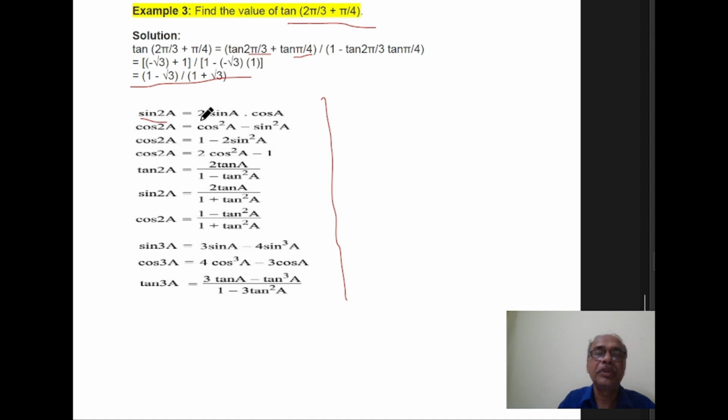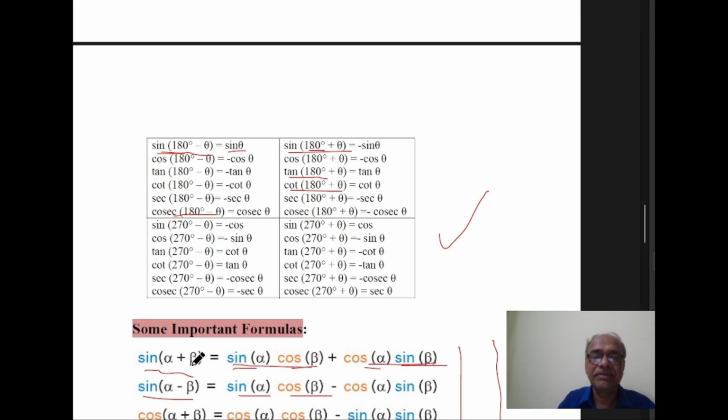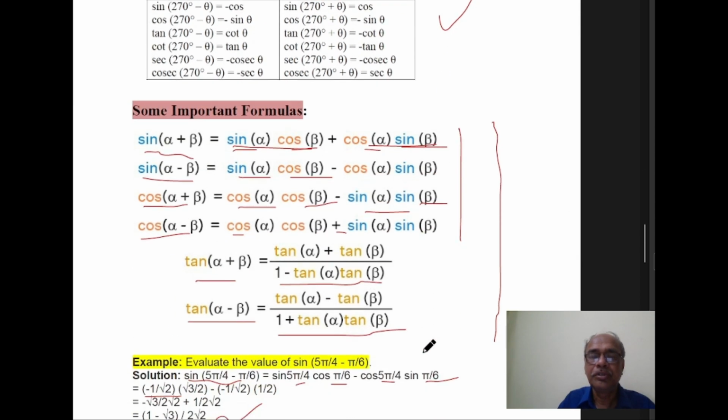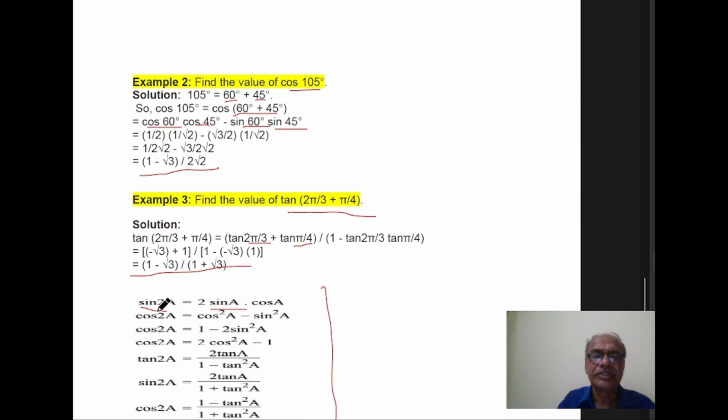Sin 2a equals 2 sin a cos a. Simply, in place of sin a plus b, here alpha plus beta, you put a in place of alpha and again a in place of beta, so it will be sin 2a. So sin 2a equals sin a cos a plus cos a sin a, so sin 2a equals 2 sin a cos a.